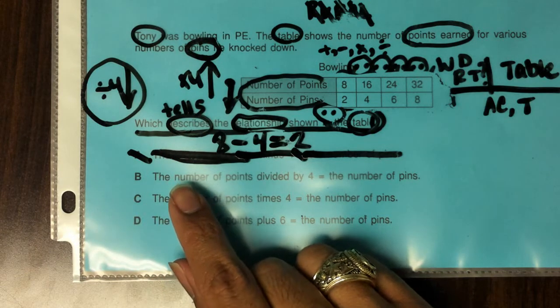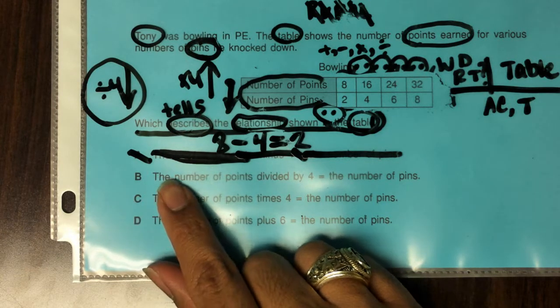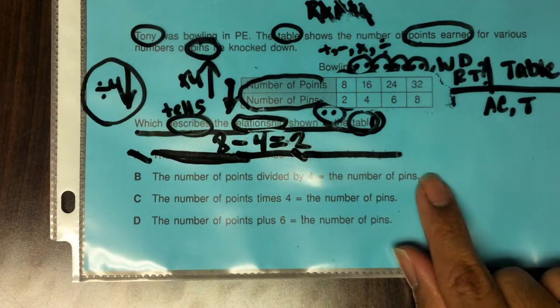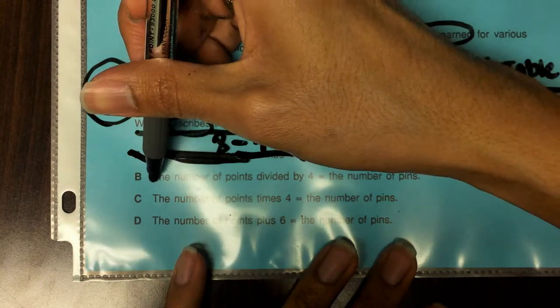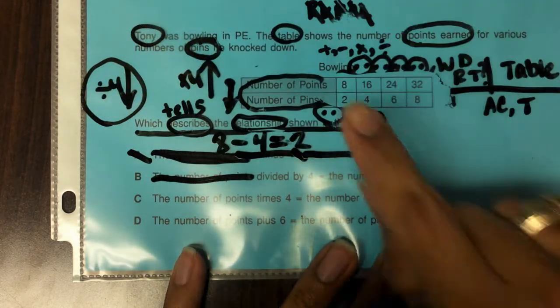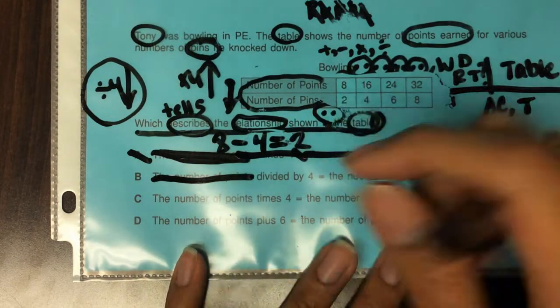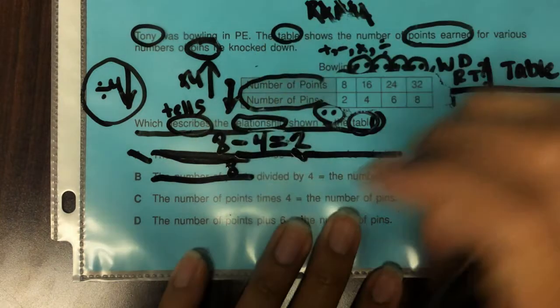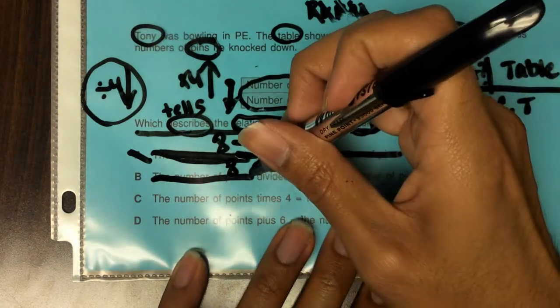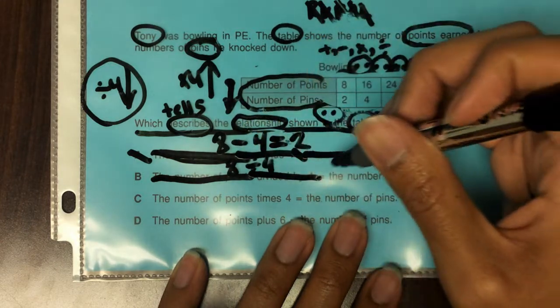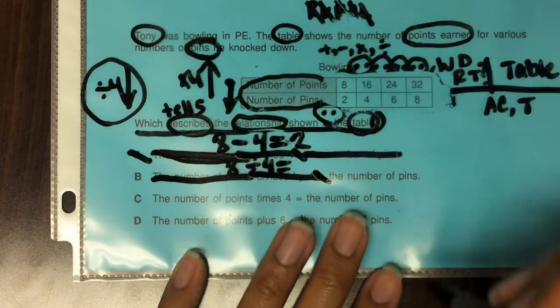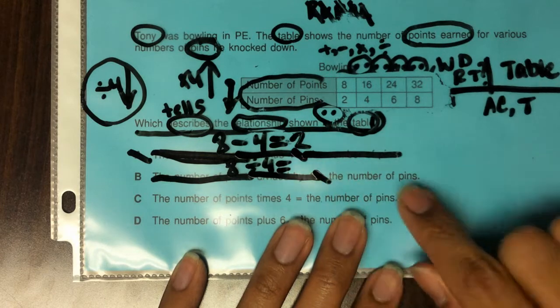I want you guys to figure out what the number sentence would be for this one. So it would be the number of points. The first number for that would be 8 divided by 4. So cross off divided by 4 and write down divided by 4 with this symbol. Cross off equals, write equals the number of pins.